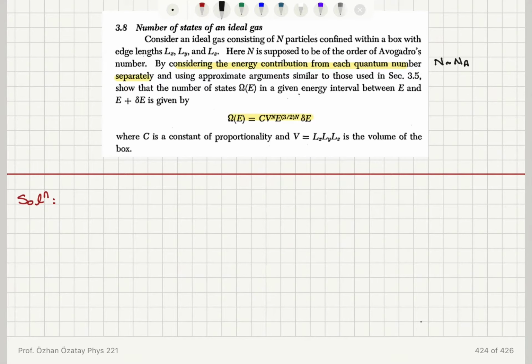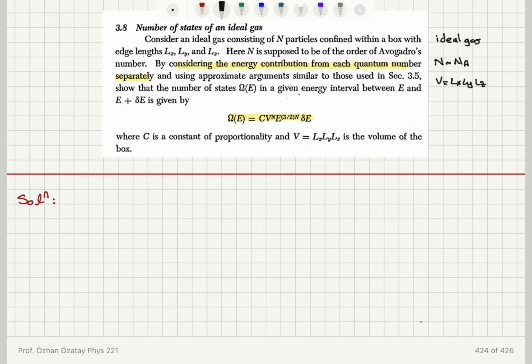We have an ideal gas in a box with volume Lx, Ly, Lz, and we're considering the contribution from each quantum number separately.